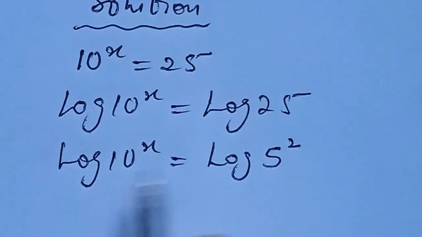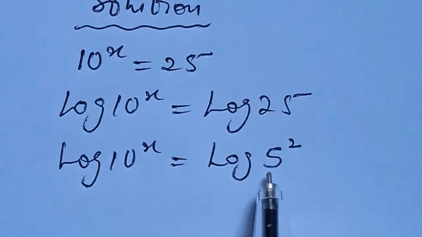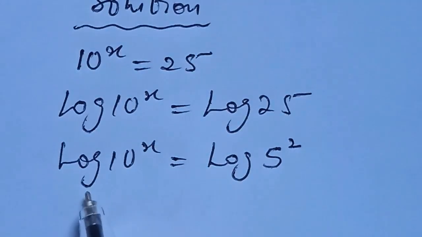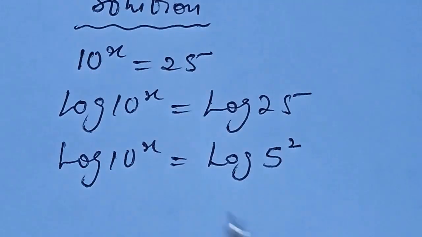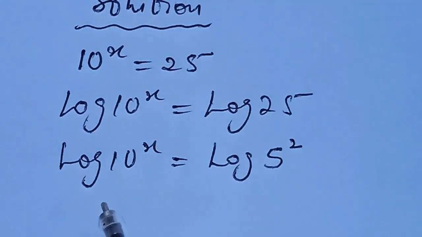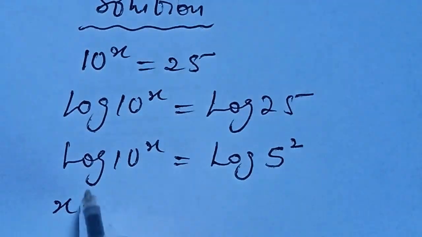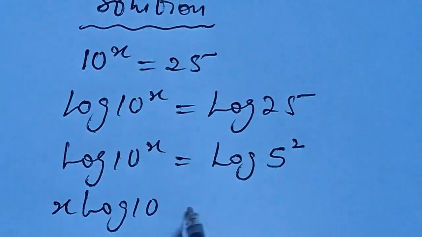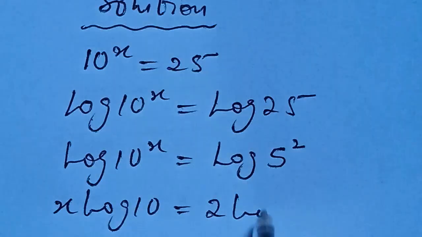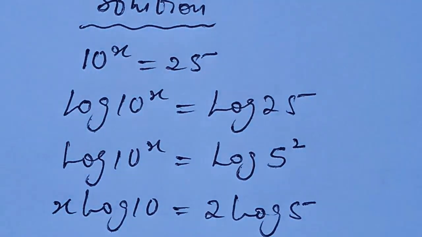Then we have from both sides the power of x and power of 2. Then that can be brought to the base using one of the identities of log. So we now have the next expression to be x log 10 equal to 2 log 5.